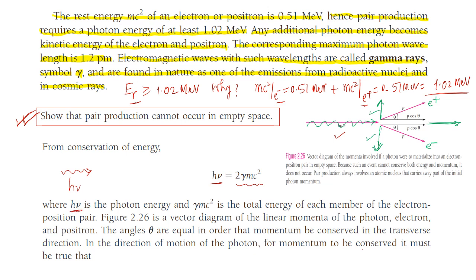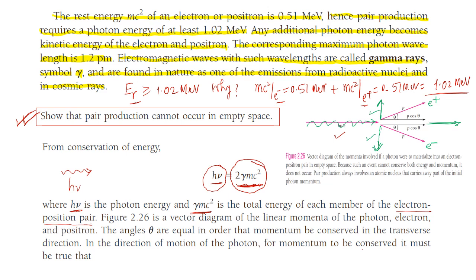So h nu is the photon energy, and the total energy of the pair is twice gamma mc square: the electron's energy is gamma mc square and the positron's energy is gamma mc square. So energy conservation requires that the initial photon energy h nu equals the final energy, twice gamma mc square, of the electron and positron.